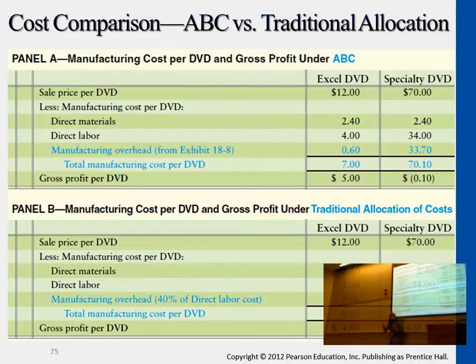Right? So after rearranging this, perhaps the next strategy would be either increasing specialty DVDs $70 to $72, $73, so it covers the cost, or we cut the cost for specialty DVDs, or even perhaps cut the entire production line.